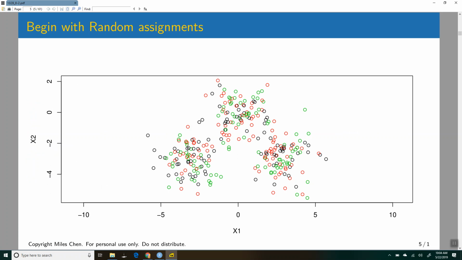Here are a few pictures of how this goes. Here's some data, and we're going to search for 3 clusters in this data. I start off with random assignments: black, red, and green. When we search for the centroids of each of these, because the assignments are random, they all end up very similar, but not exactly the same.